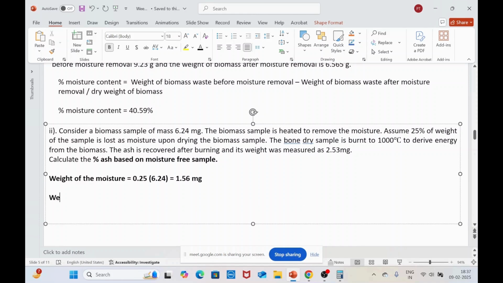So the weight of the dry sample. What is the formula? If I know the weight of the moisture, how do I calculate the weight of the dry sample? It is nothing but the weight of the wet sample minus the weight of moisture.